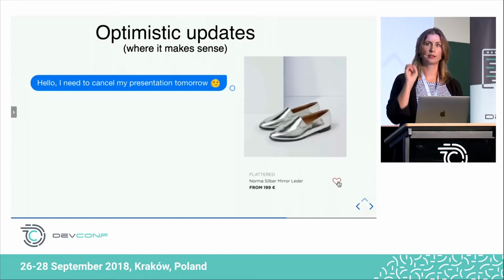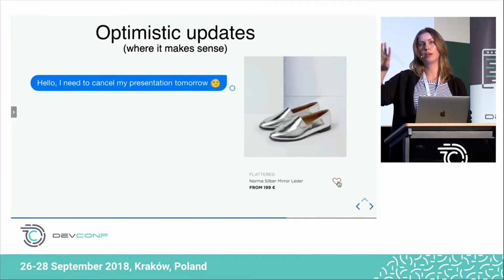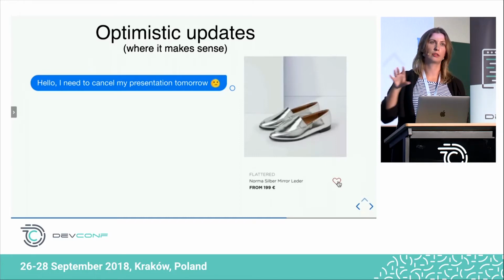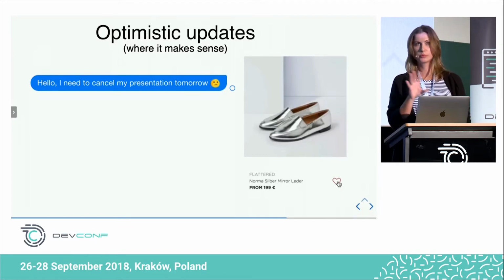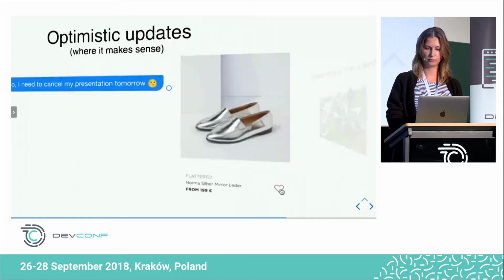The heart becomes red, even though it may not get delivered to the backend. I mean, we do everything possible to get this message delivered, and we retry if it fails, but we don't wait for the response from the server to show that it was added to favorites. Some small lies, but the customer is happy with that.